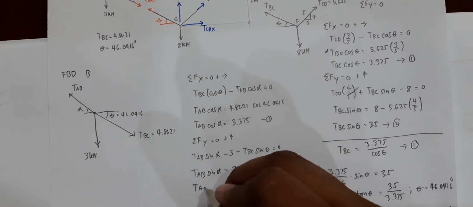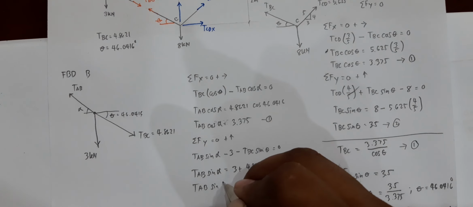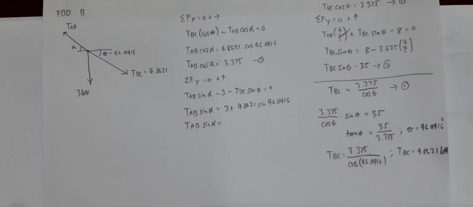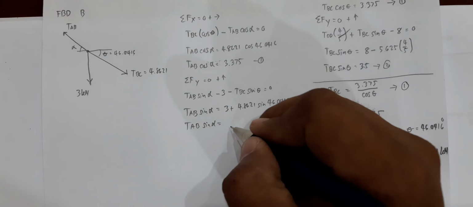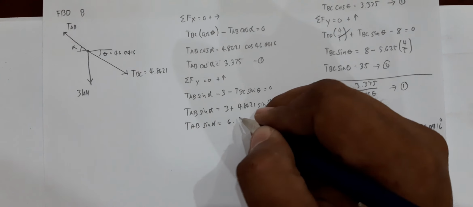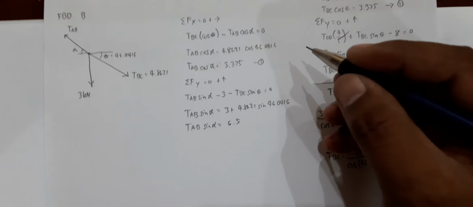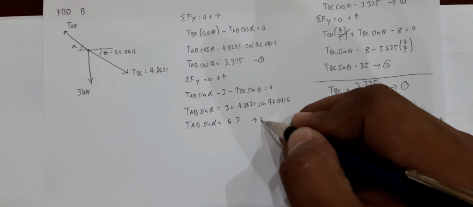TAB sine of alpha is equal to 6.5 kilonewtons. That would be equation 2.